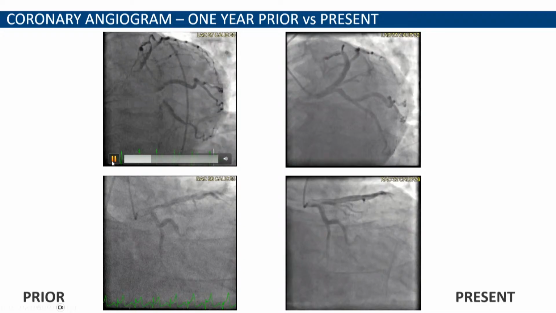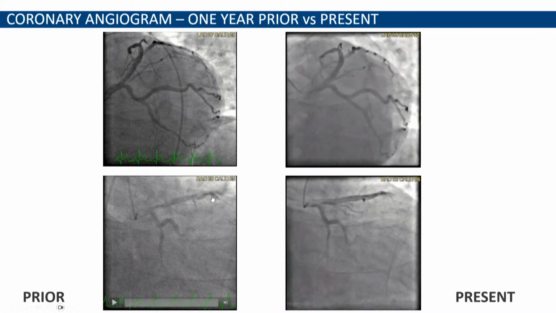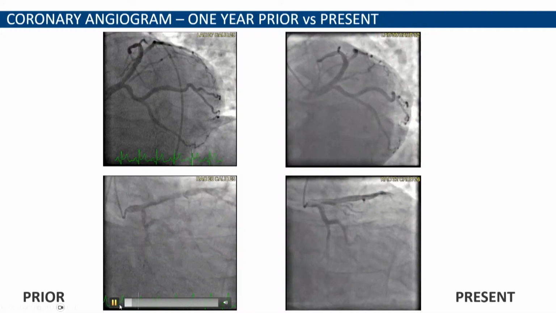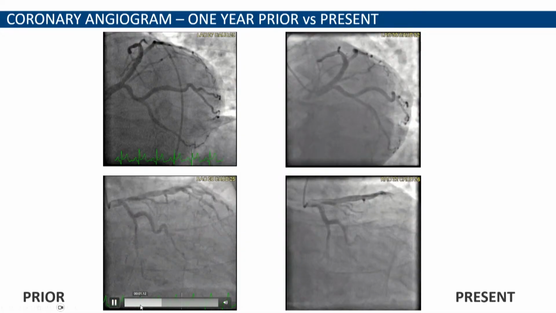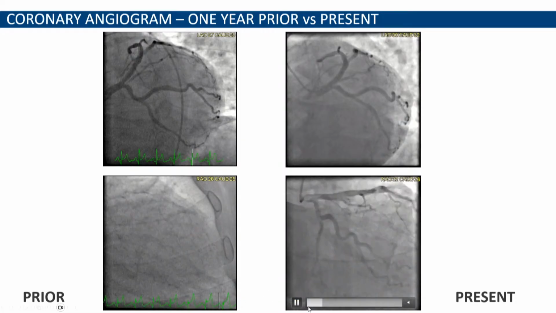So if you see here, that was 1 year before, and it looks pretty clean. There's no significant lesion that can justify this. And as you can see, at least approximately on the circ. And then as you go here, that's before. I'll freeze it, and I'll play the one here.